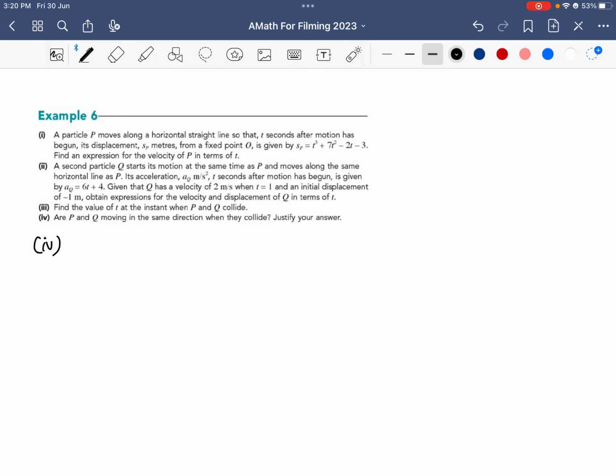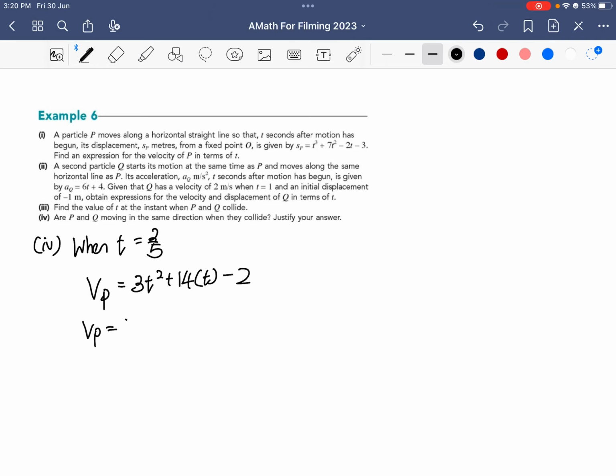So what we can do is see their velocity when t equals 2/5. The velocity of P, which we found earlier, is 3t² + 14t − 2.